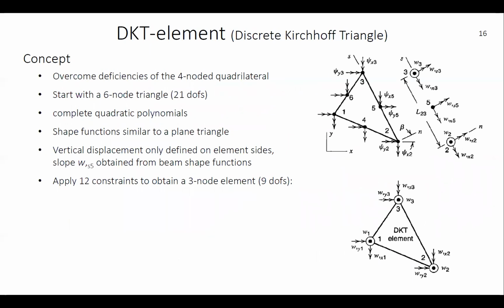There are many different kinds of Kirchhoff elements, and in the early days, many of them suffered from different problems depending on how you define the polynomials and how the nodes and degrees of freedom were defined.